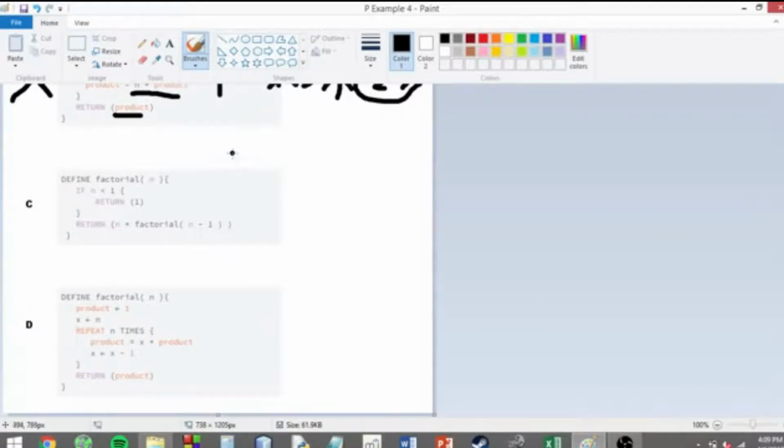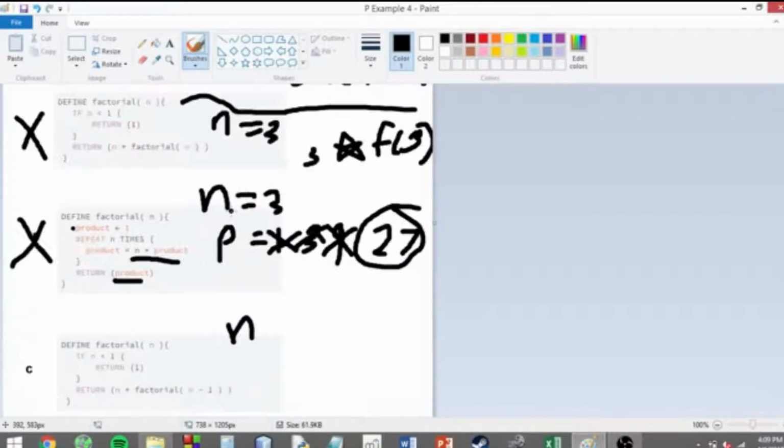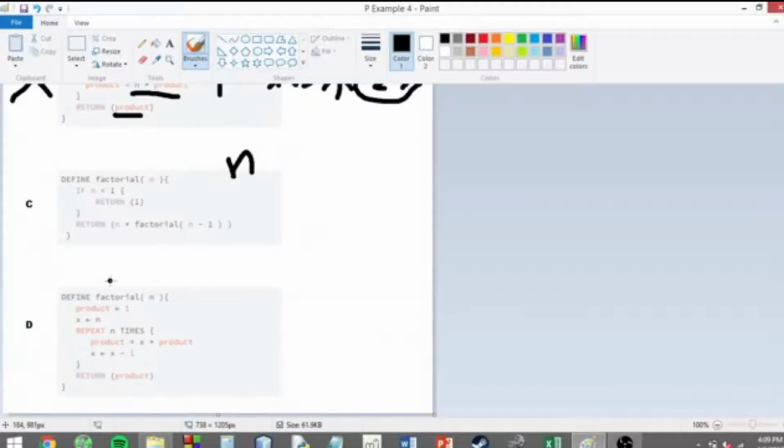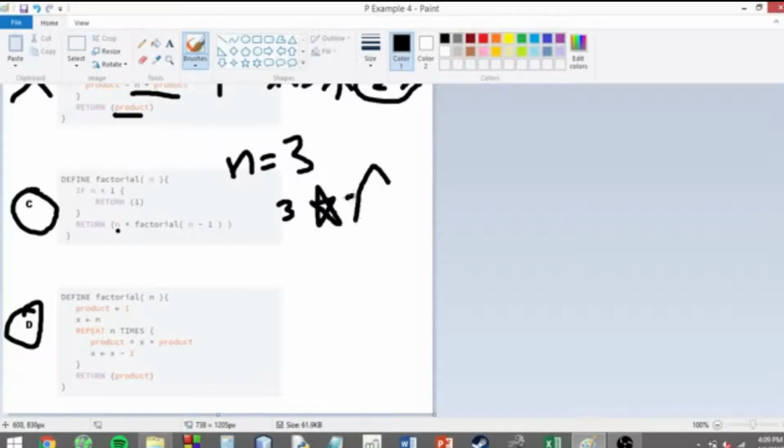Moving on down, let's try this one. Actually, 2 answers. Okay, we got it. We got 2 answers already. Yeah, and you can go ahead and finish this up if you like. N equals 3, and then in this case we're going to do 3 times the factorial of 3 minus 1. So we're returning 3 times factorial of 2, and minus 1 is 2.